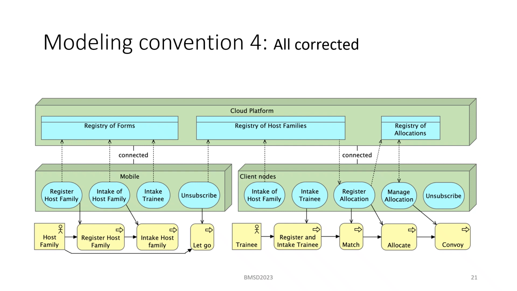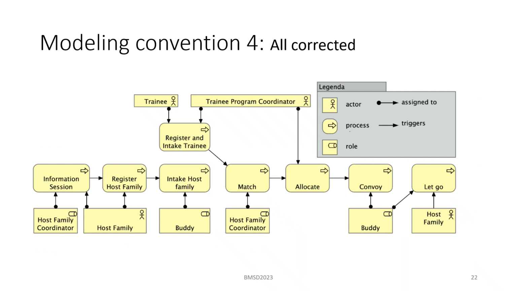They also see the triggering relation between steps convoy and let go processes as a modeling error, since the unsubscribe as a host family should be triggered by the host family. So the business process has been corrected, and host family has an association with the process let go.